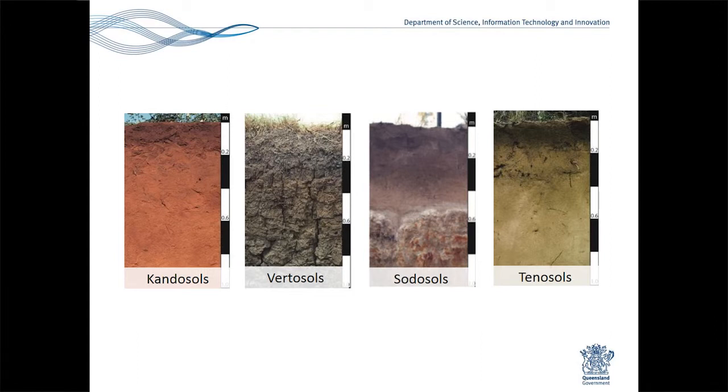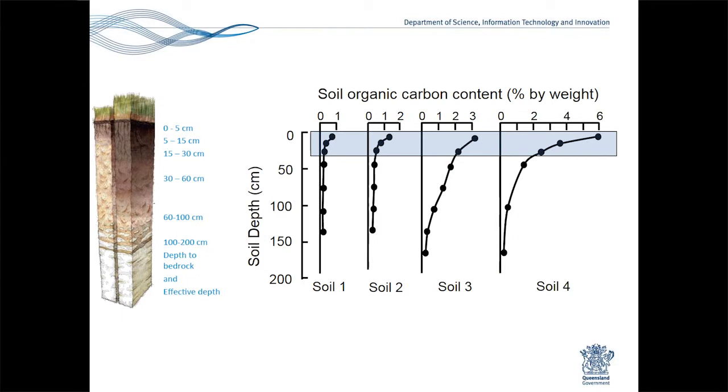So if we look at that from a soil organic carbon content, I guess in Western Queensland, some of those soil types are more around this end compared to the higher end. But the general trend from this, as you're going down with depth, so you've got the surface here down to bedrock, is that a lot of this soil organic carbon generally is contained in the top 30 centimetres.